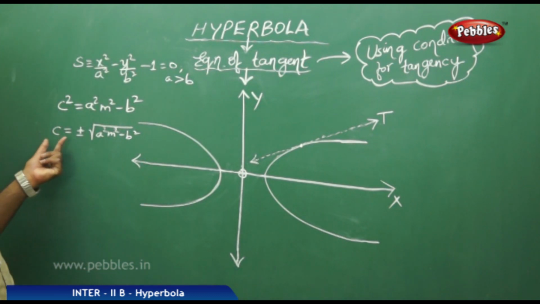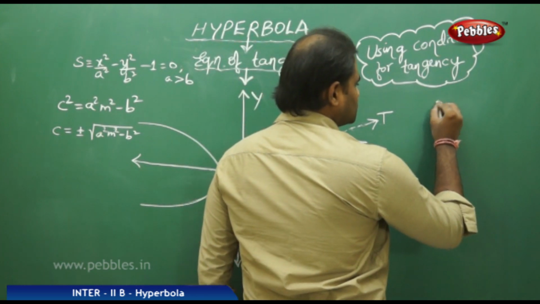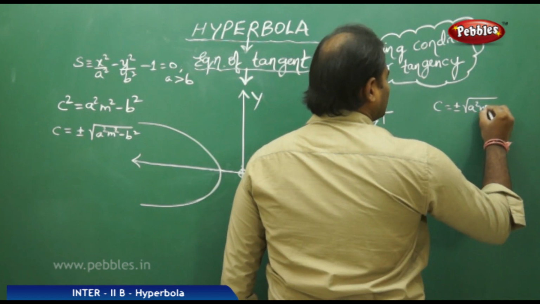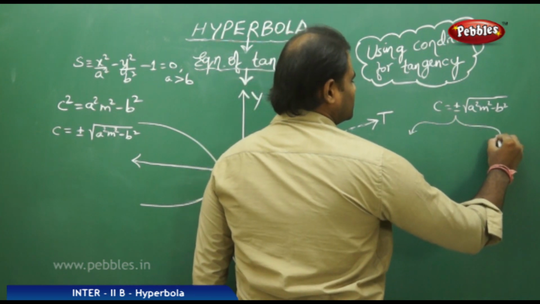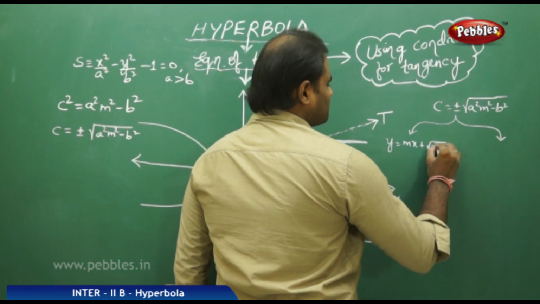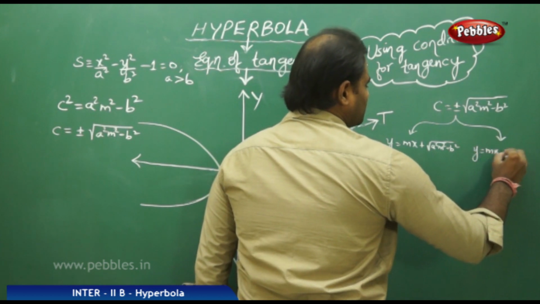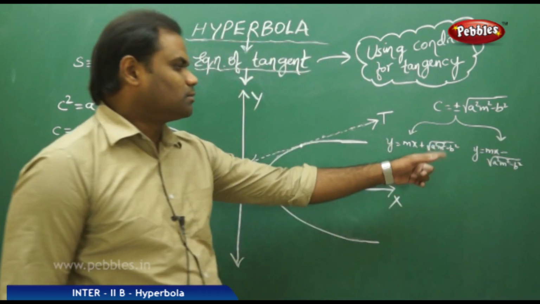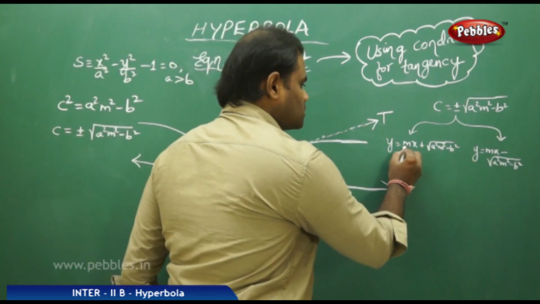Therefore, c has two values, one given by plus and one given by minus, and therefore c equals plus or minus root of a square m square minus b square gives rise to two cases of the lines. One of the lines is y equals mx plus root a square m square minus b square, and the other is given by y equals mx minus root a square m square minus b square, one with plus and one with minus. So every pair of tangents has equal slopes.